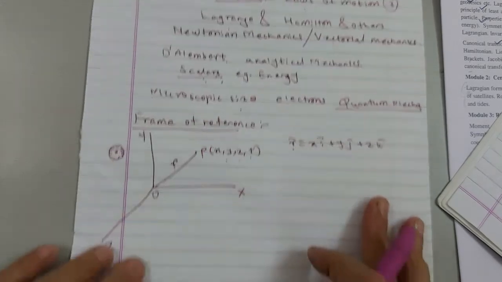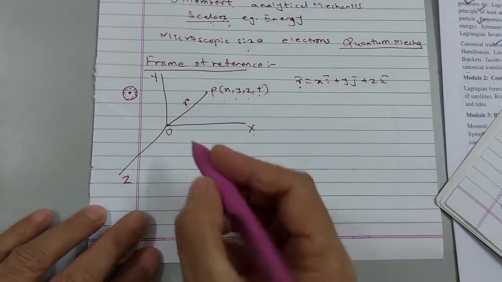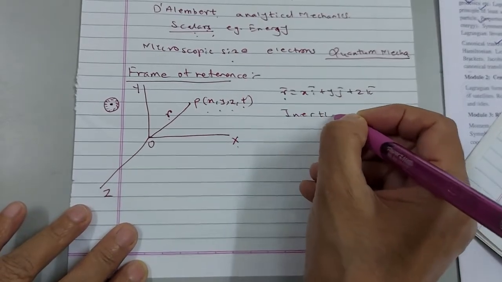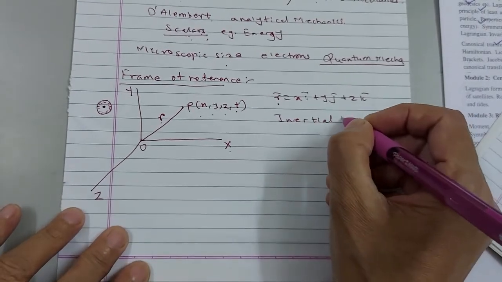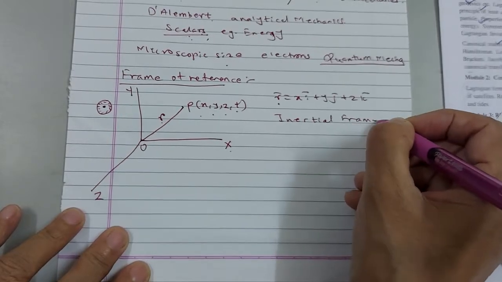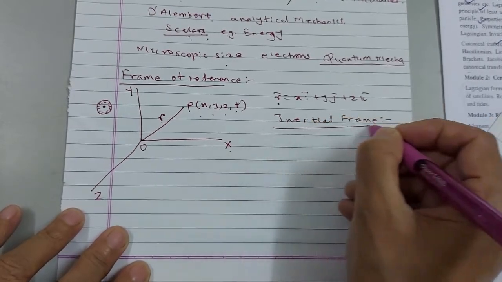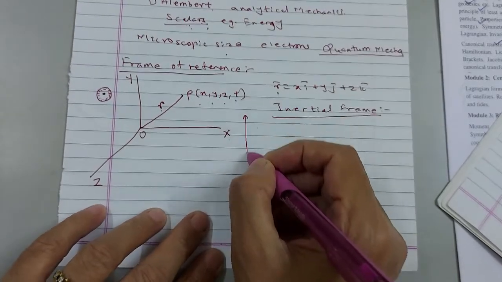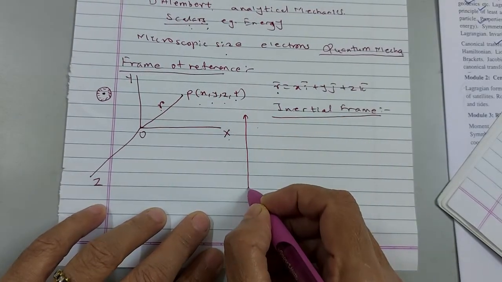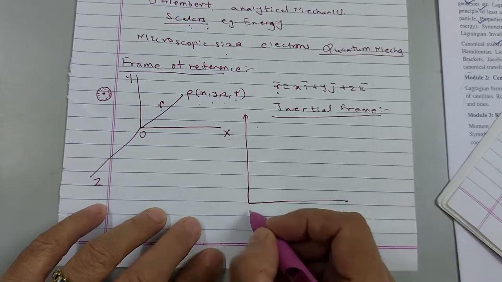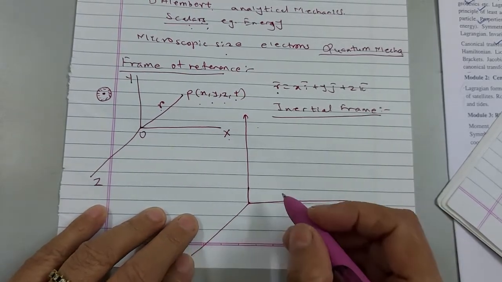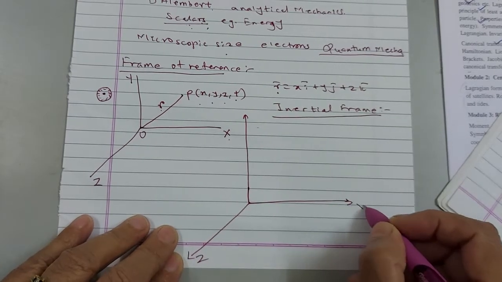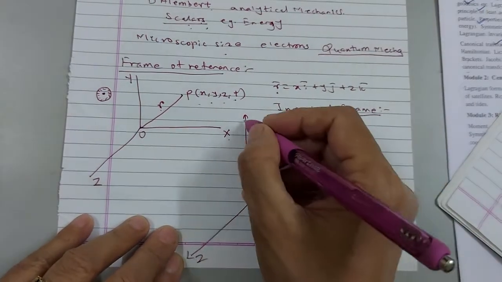Then we'll define one more thing, which is called the inertial frame. This definition you can revise on your own also, but I just thought I should take this before going to the main point. Suppose here I try to draw the x, y, z also. So this is my z axis, x axis and y axis.